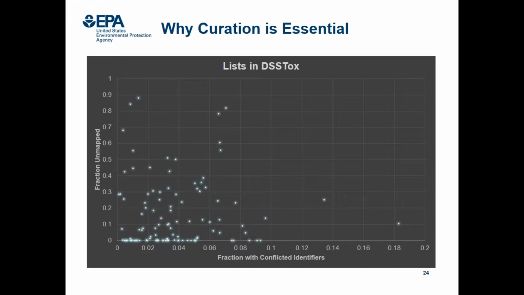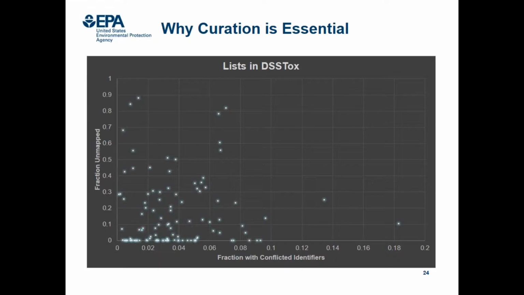Or you can have things where they had a CAS and a name, and in our database, that CAS and that name mean different things. And so here you see the fraction of different sets that are unmapped. These that are particularly high are when we go out and grab really large databases, like the MeSH database of chemicals. And we are missing a huge amount of chemical space in this database that we have right now.